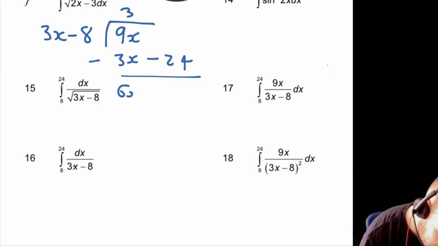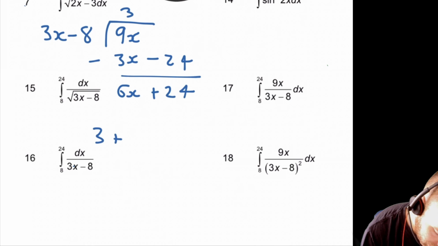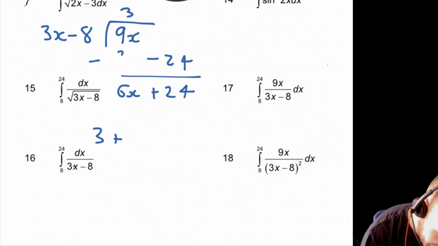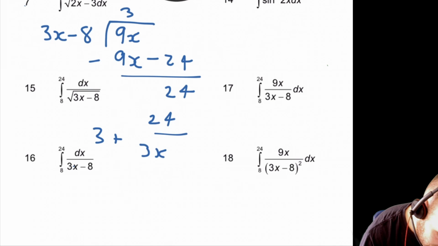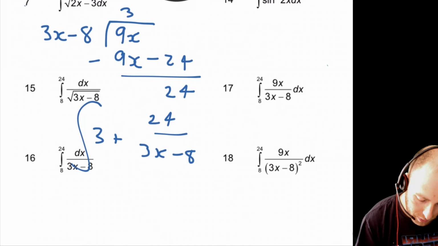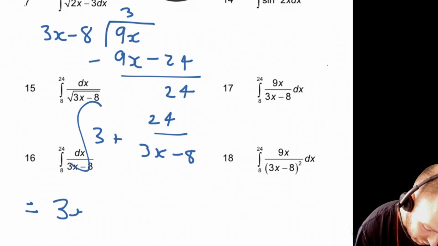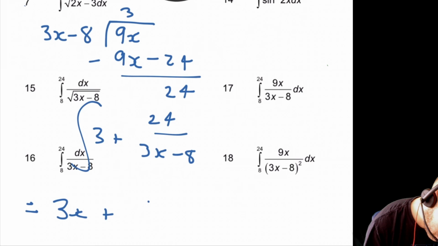Subtract those, we get 6x plus 24. Wait, that's not right. That should be a 9. That should be 0. So 3 plus 24 over 3x take 8. That's what we're actually trying to integrate. So that's going to give me 3x plus ln 3x take 8.